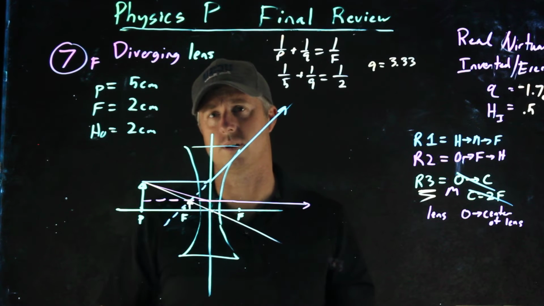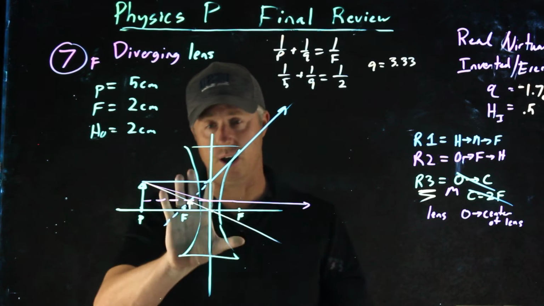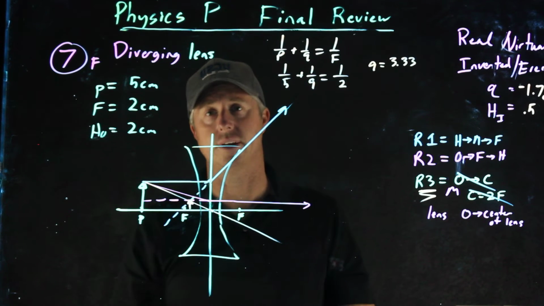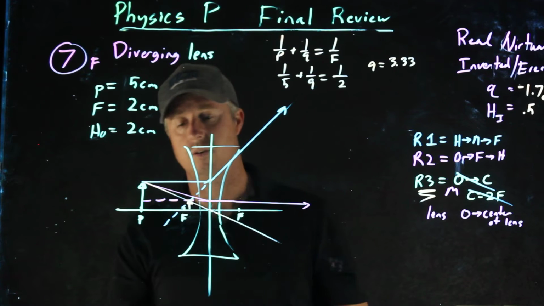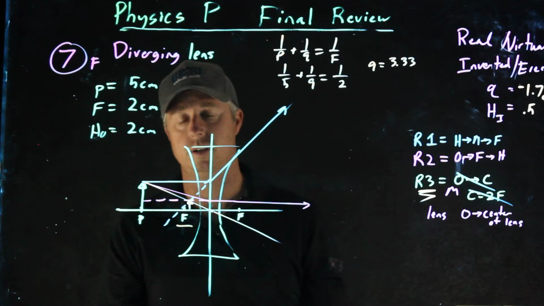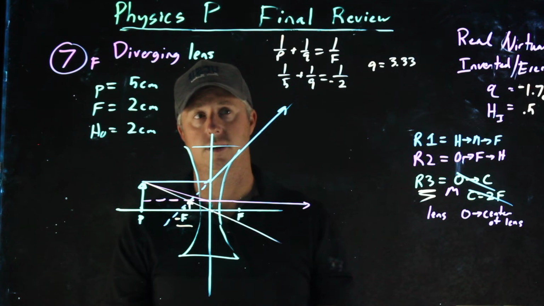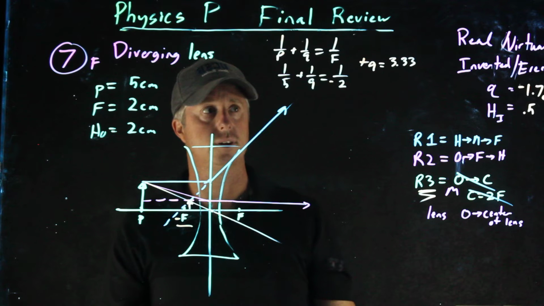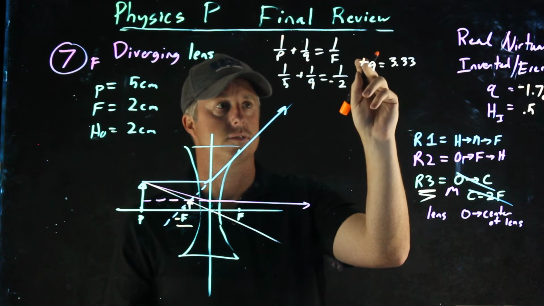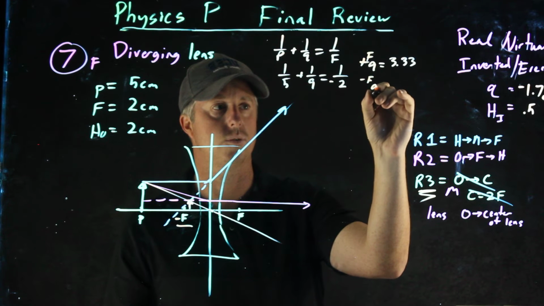So this is a point where some of you might get to, and it's okay, but my drawing and my Q value didn't match. Well, what's going on? Well, if I look at it, the focus I'm using, or that's on the side here, is this one. This is a negative focus, so this should be a negative here. So let's rework this now with a negative one. This was my positive focus Q answer, so let's do a negative focus Q answer.